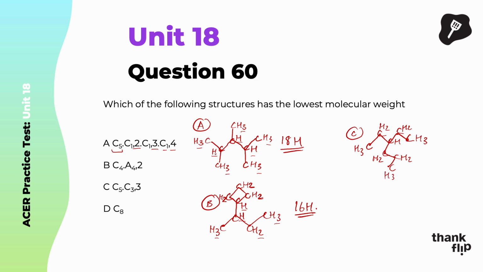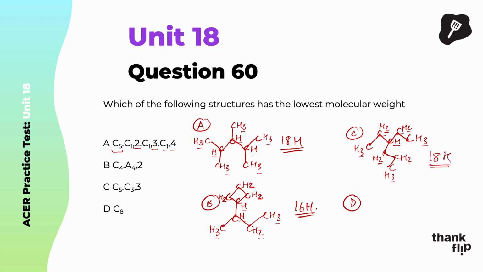Now let's add up our hydrogens. So we have 3, 4, 5, 6, 7, 8, 9, 10, 11, 13, 15, and 18. So this is 18 hydrogens here.